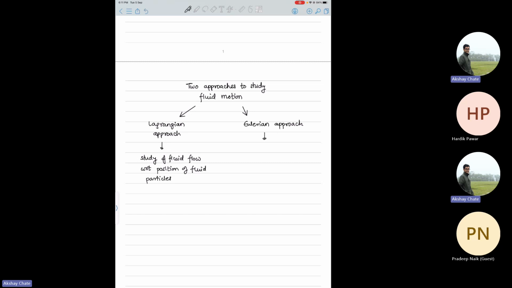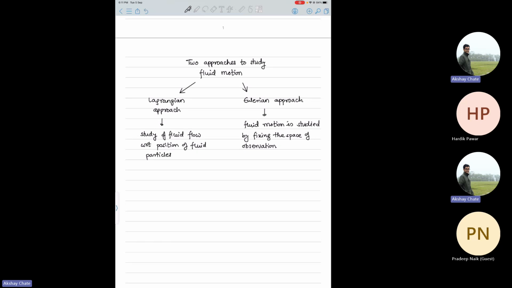So here, fluid motion is studied by fixing the space of observation, and then you define other field variables with respect to that.